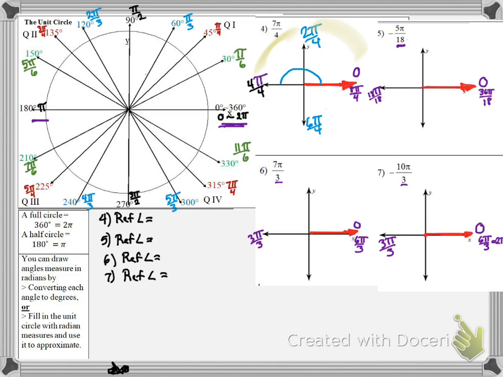We're not actually there yet. I need to get 6/4. I want 7/4. I already drew 6/4. I need another pi over 4.